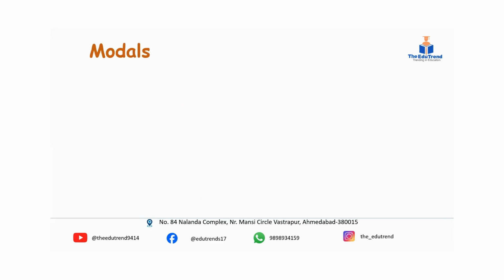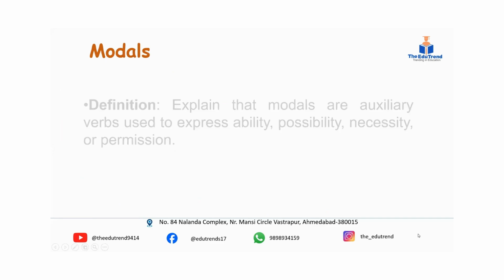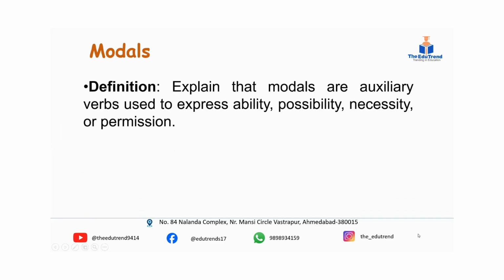Now, first of all, we have to understand what modals are. Okay. For that, the definition is in front of you. Modals are explained as auxiliary verbs used to express ability, possibility, necessity, and permission. Okay. So whenever the word modal comes to your mind, these four pillars should come to your mind.